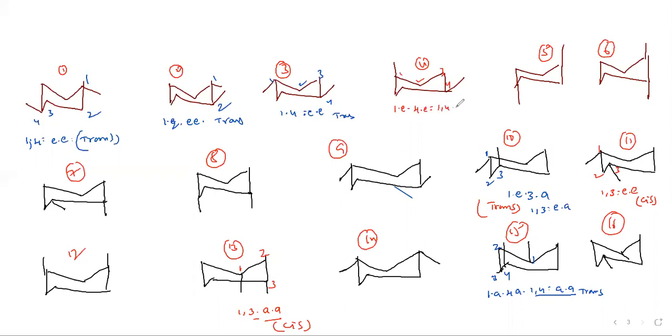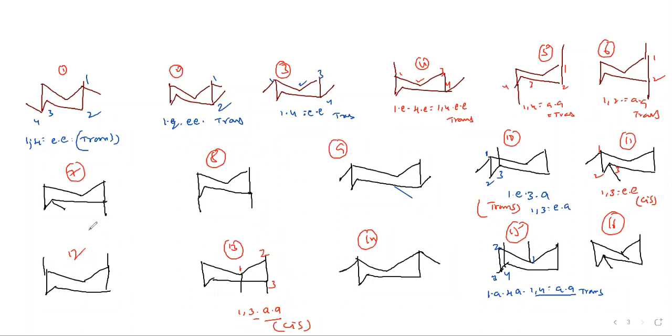Can I call it 1 comma 4 equatorial equatorial? Trans. 1 comma 4 axial axial. Trans. 1 comma 2 axial axial. Trans.